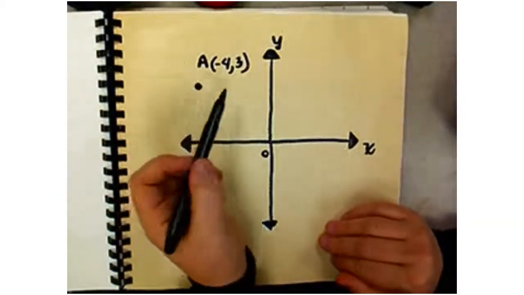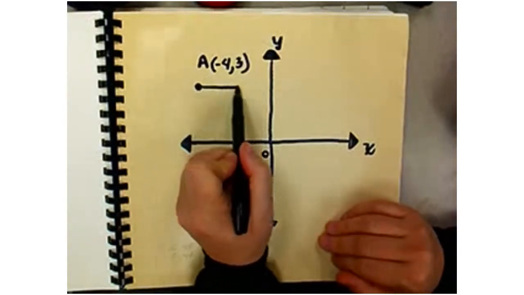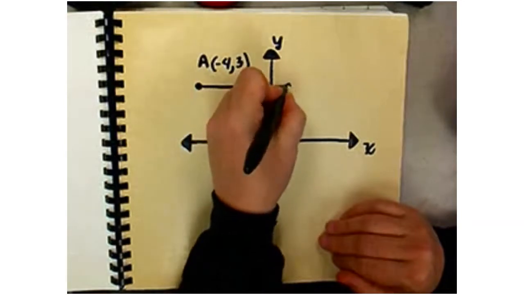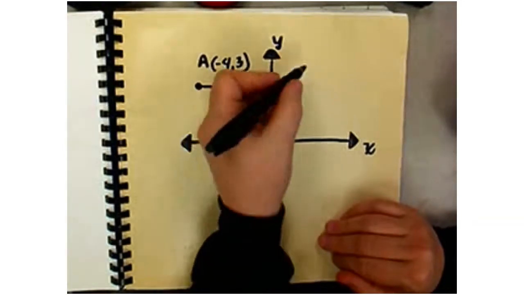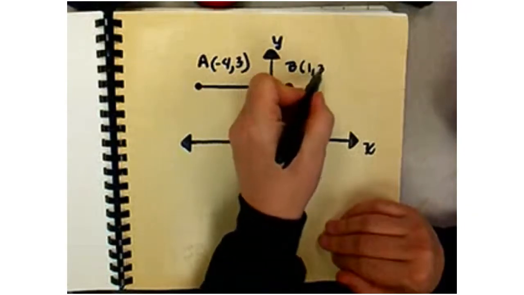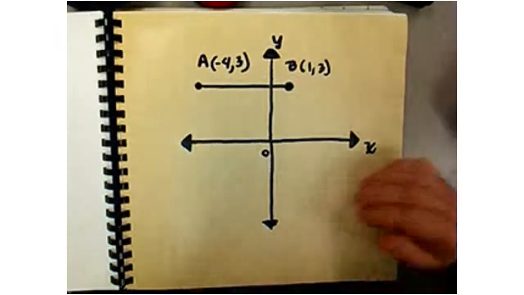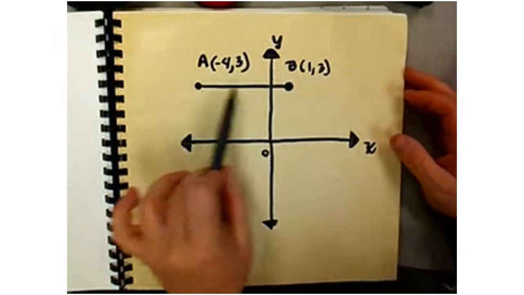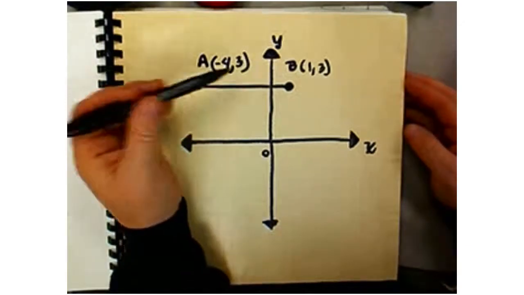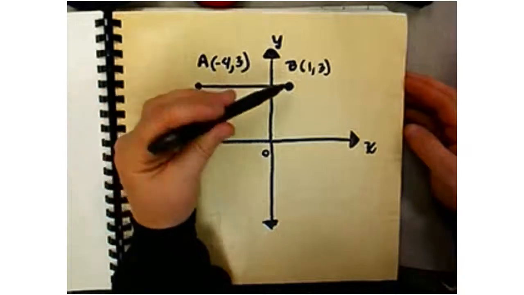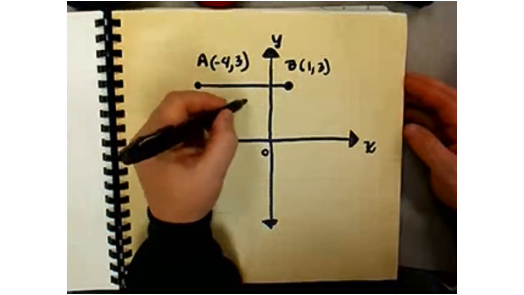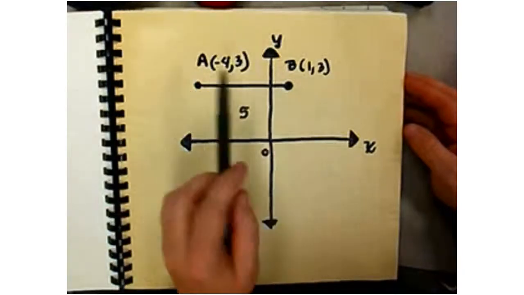If you follow that point immediately right, no slope, horizontal line, you will come to another point in quadrant 1 and they're labeling that point B at 1, 3. So we have 2 points, A and B, and the distance between those 2 points, if you counted the number of cells, the grid pattern between them, you would have 1, 2, 3, 4, 5. Directly below the line, there's a little brace, and it says 5. So it's 5 units long.